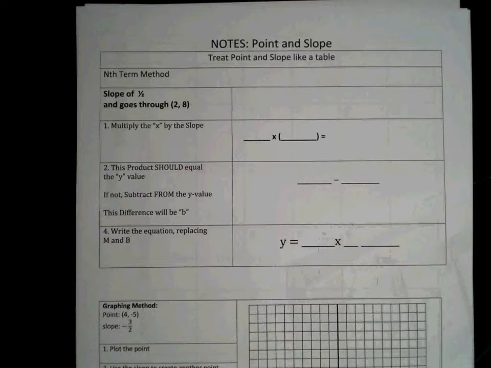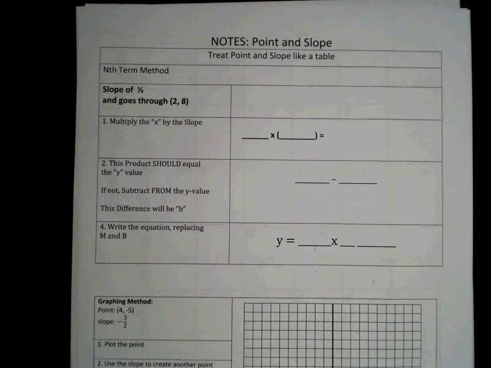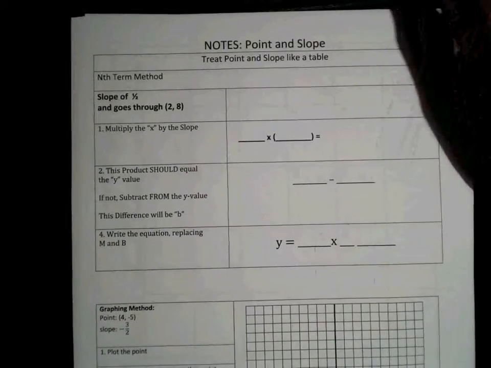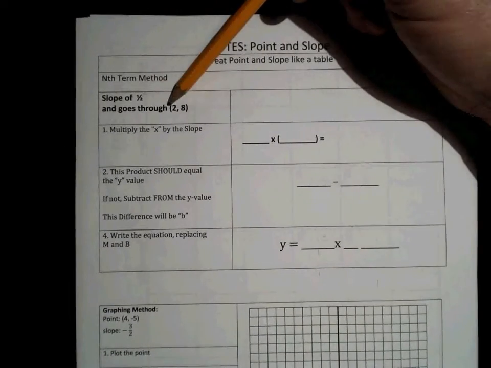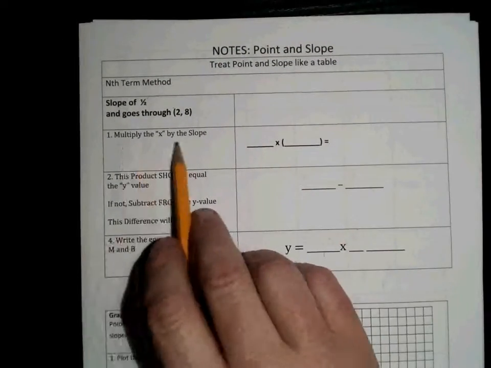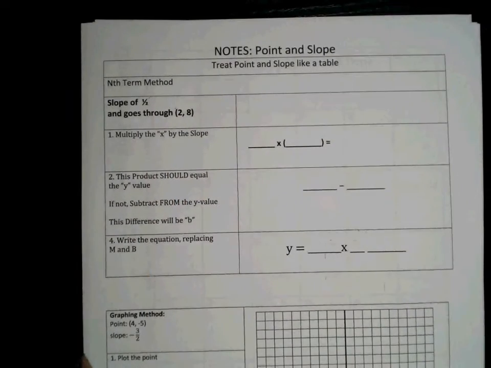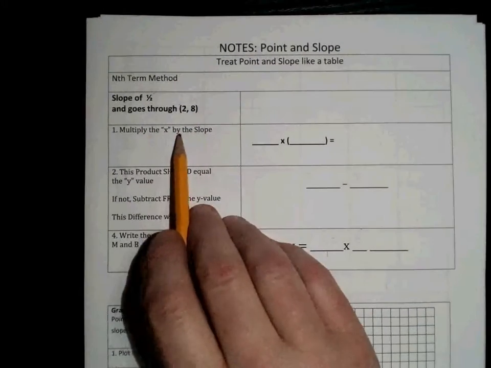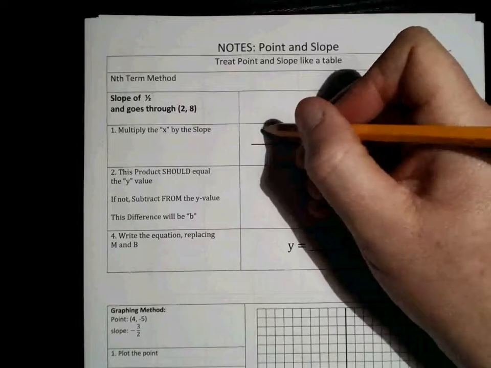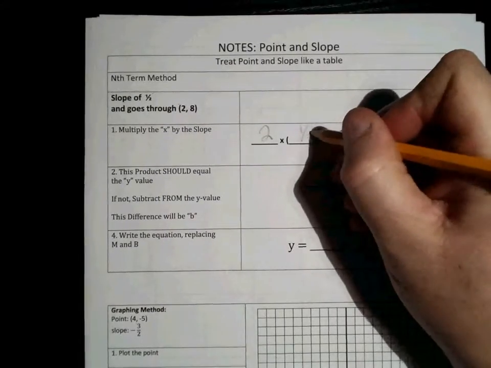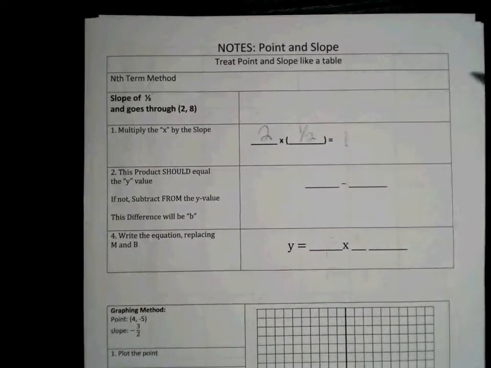we have the nth term method. This is the other method that I taught you, where we're just going to multiply the slope and the x value. So that's the first step. Multiply the x by the slope. So I'm going to multiply 2 times the slope of 1/2, and I get 1. This product should be the y value.